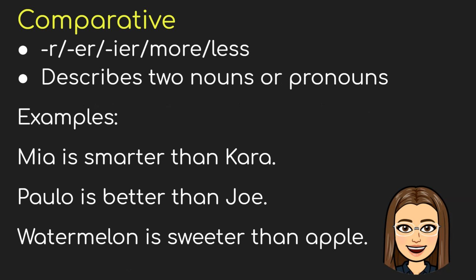Next, for the comparative degree, we add the letters r, er, or ier at the end of our adjective. Or we can use more or less before our adjective. And for the comparative degree, we are going to compare two nouns or pronouns.